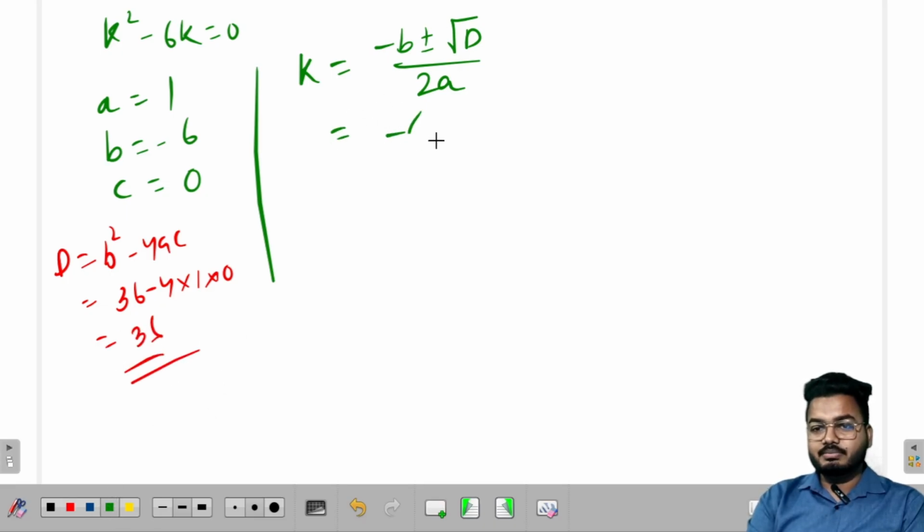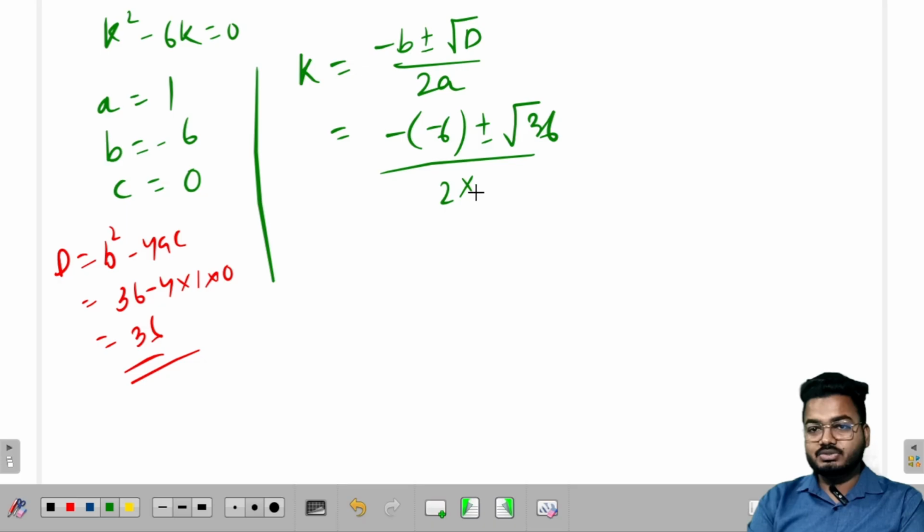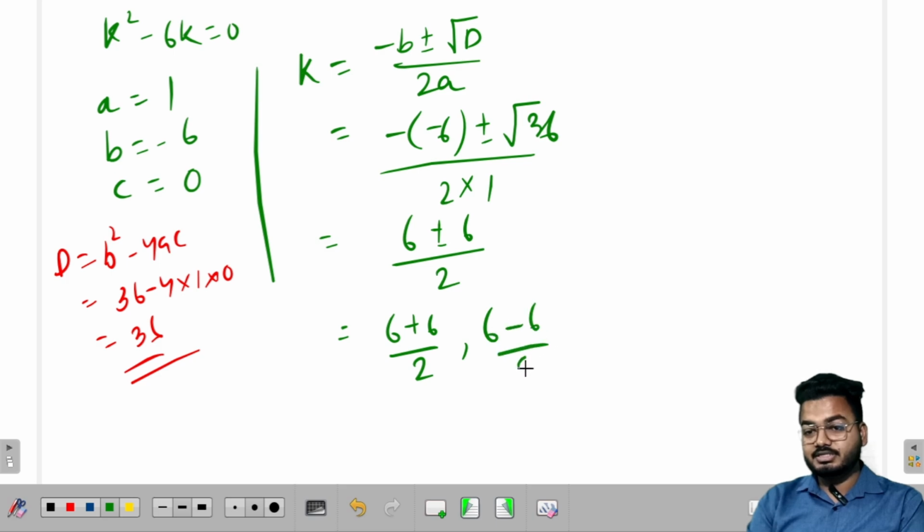ओके, सो माइनस b, माइनस माइनस 6 प्लस माइनस रूट d, d का वैल्यू आएगा 36 डिवाइडेड बाय 2 into a, 2 into 1, so 6 plus minus 6 by 2, so it will be (6 plus 6) by 2 and (6 minus 6) by 2.